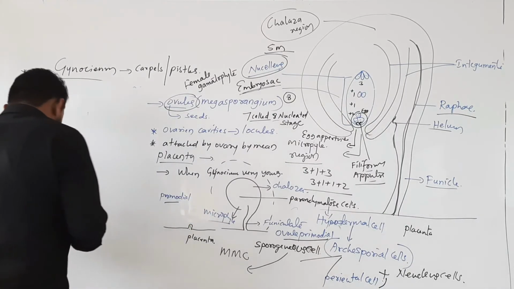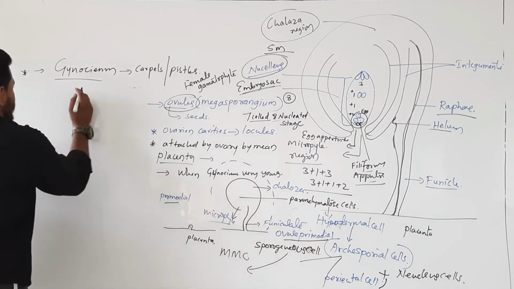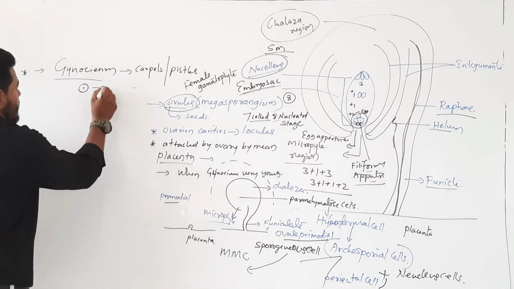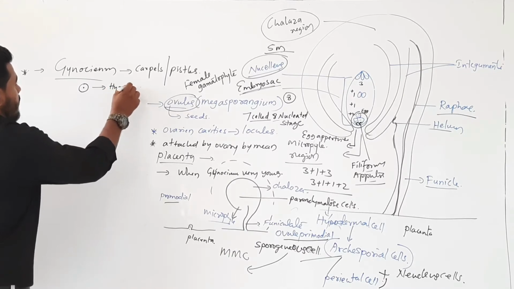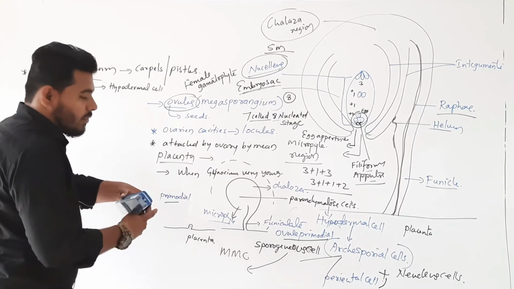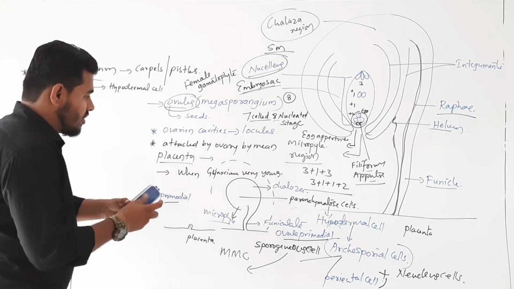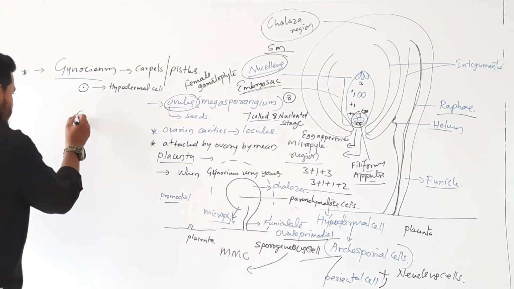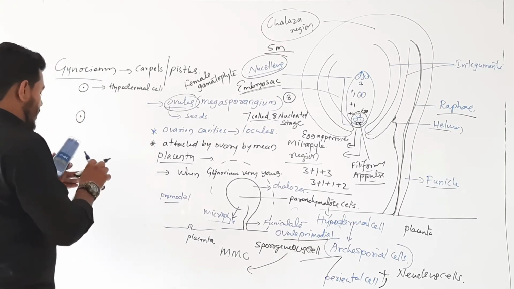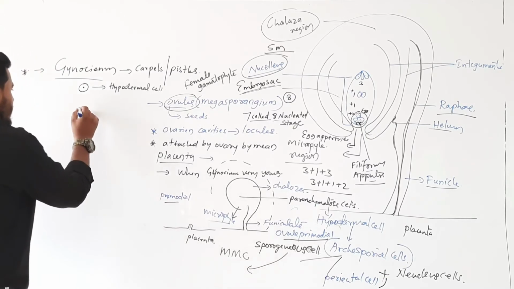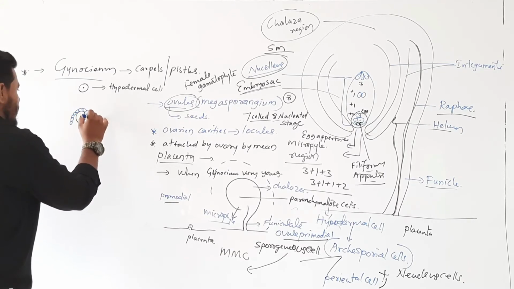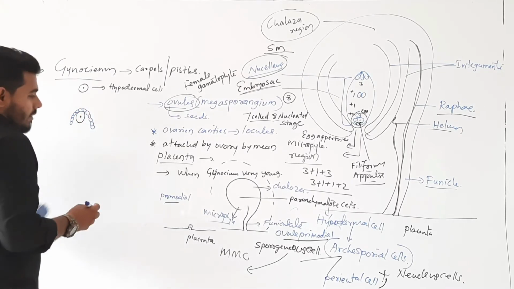Now in the diagrammatic representation, I will explain here. You see a particular cell, so we can consider it as a hypodermal cell. Hypodermal cells differentiate into an archesporial cell, and the archesporial cell is surrounded by which cell?